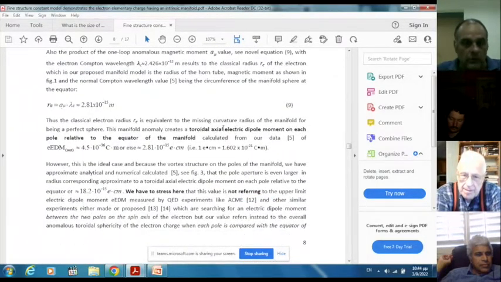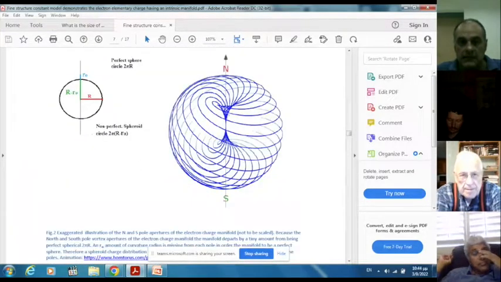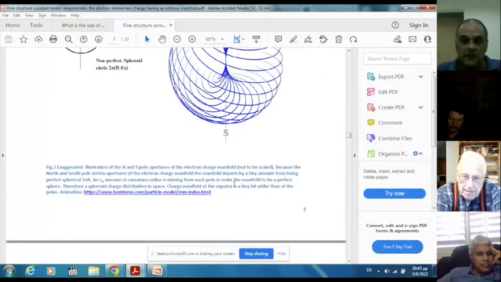And we have derived here that the anomalous magnetic moment times the Compton wavelength is the classical radius, which, if you analyze it, is the missing part here. Now it's not a perfect sphere, not a 2 pi r sphere, and this is actually causing the anomalous magnetic moment of the electron because it's missing this part here and here on the south pole.